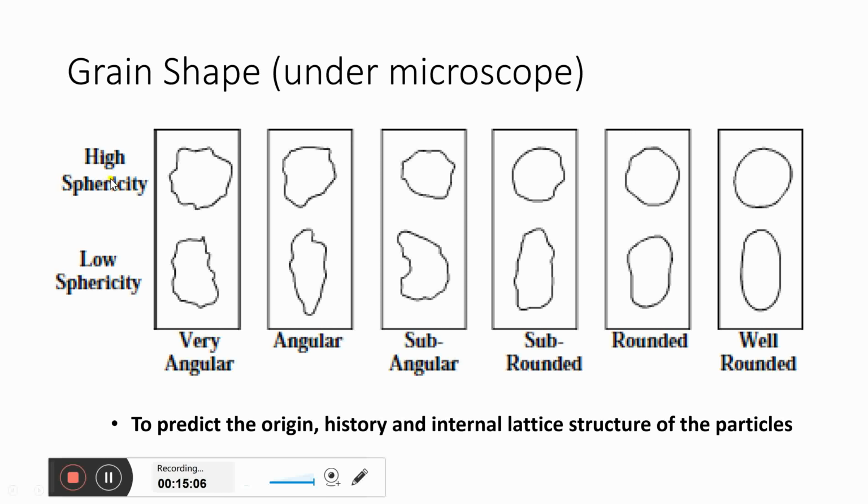If you move this horizontally, the high sphericity exists in these grains, and here low sphericity exists. Similarly, other terminology, angular, subangular, or well-rounded. To predict the origin, history, and internal lattice structure of the particles, these properties are very important.